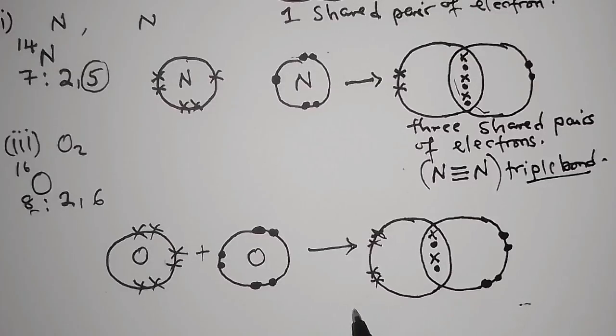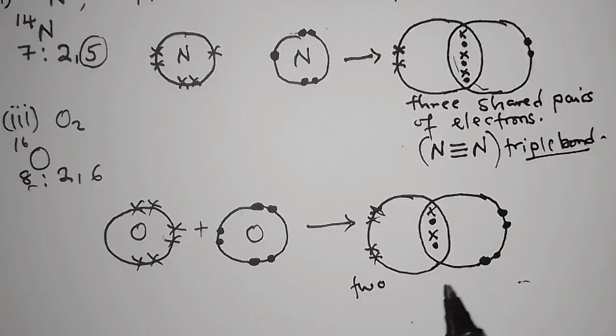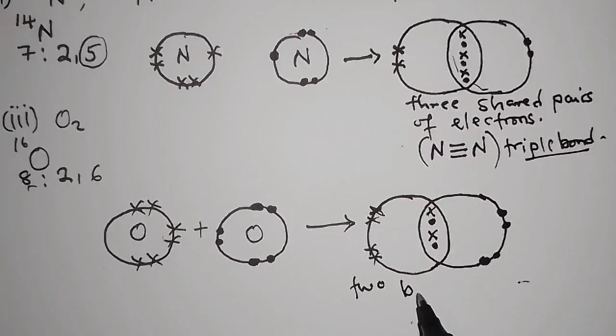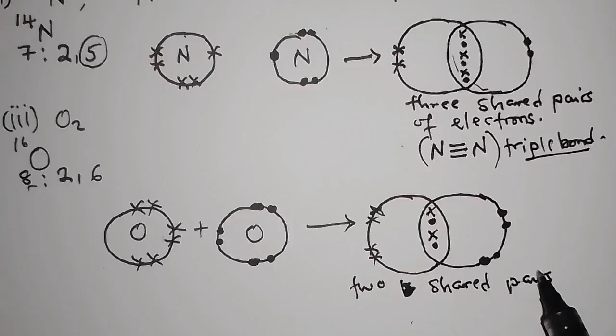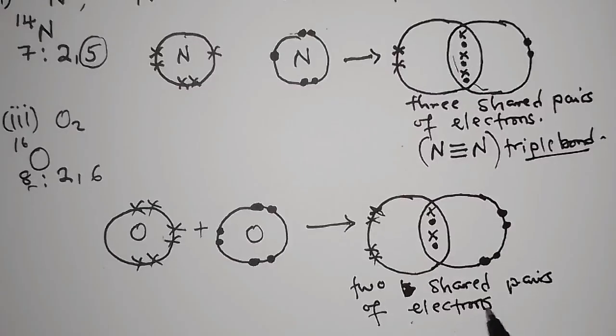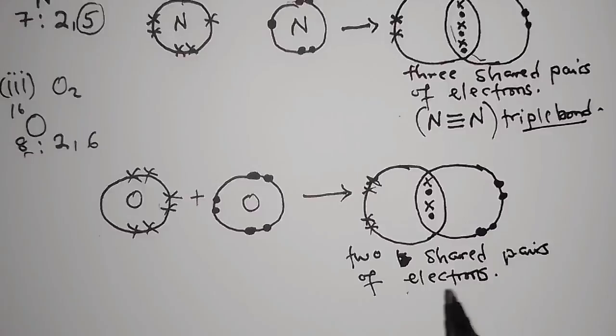So we have 2 shared pairs of electrons, and this can be shown simply as oxygen 1, 2.